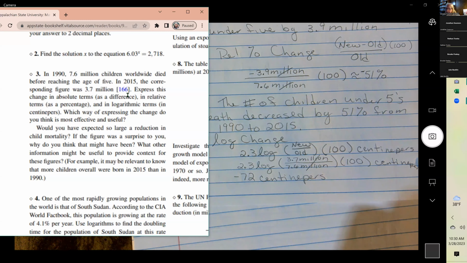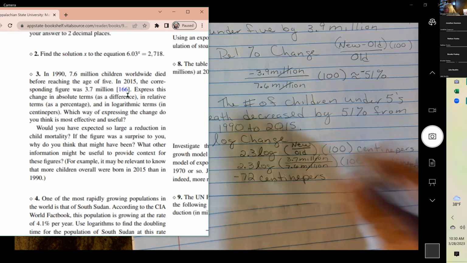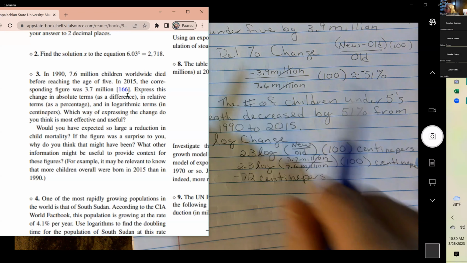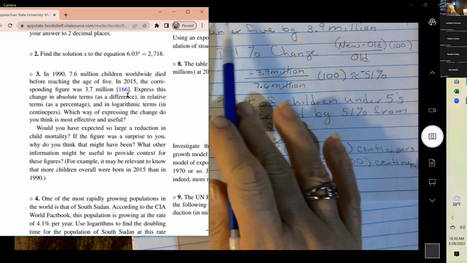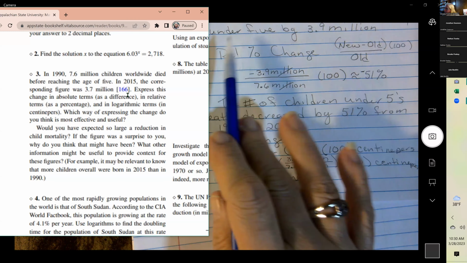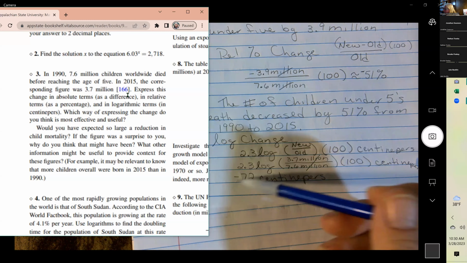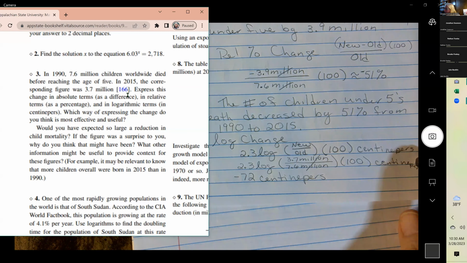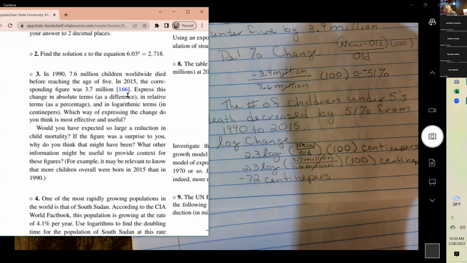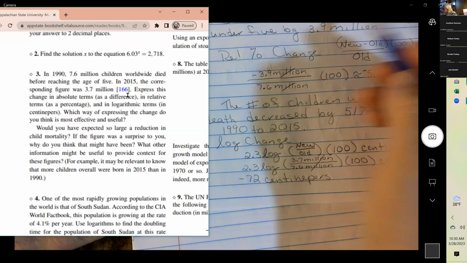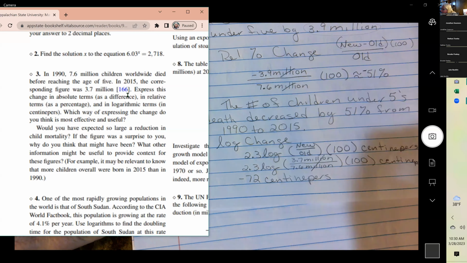So a negative 72 centimeters. From 1990 to 2015, there was a decrease in the deaths of children under 5 by 72 centimeters. So this could be in place of your percent.